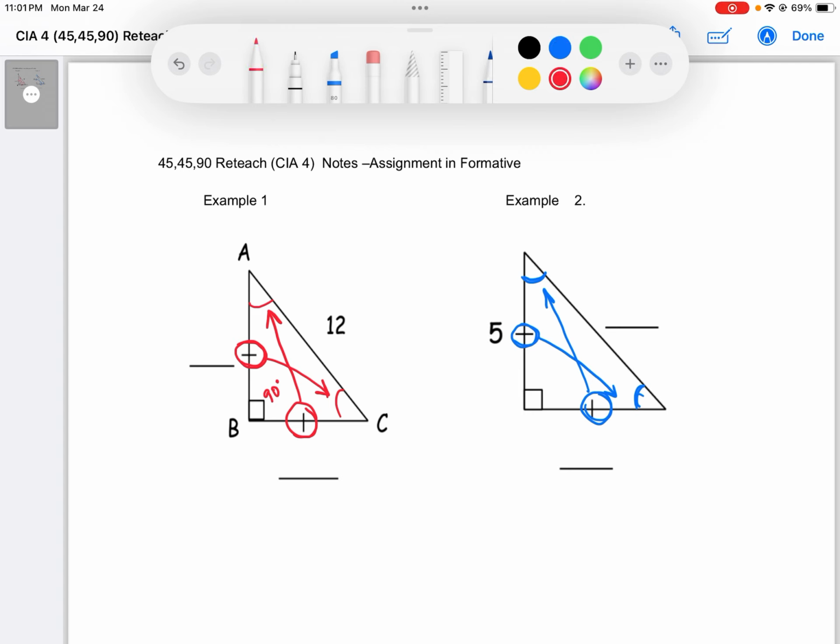And so if these angles have to be the same, and all three of them have to add up to 180, then they must be 45 degrees each. So 45, 45, 90. This is also what we call an isosceles right triangle.